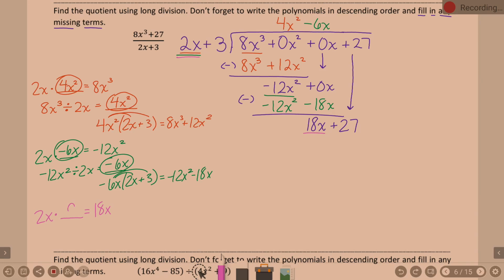What do we do with that 9? Put it above the 27. And multiply, right? 9 times 2x is 18x. 9 times 3? 27. All the cancel.